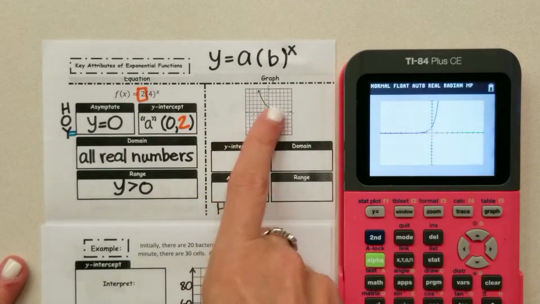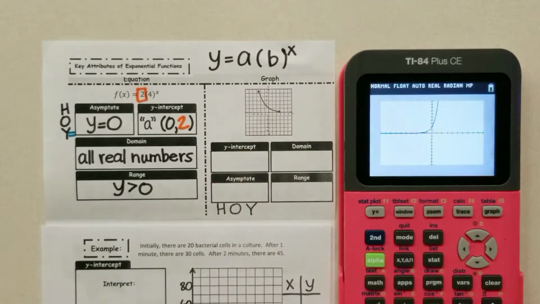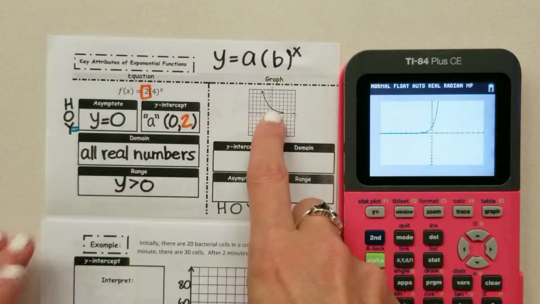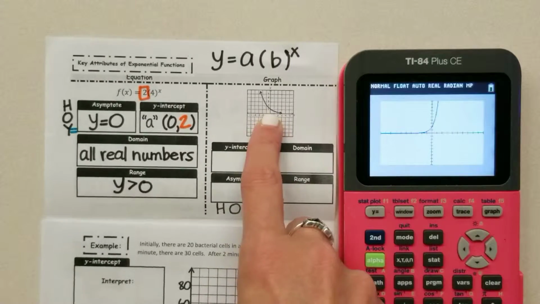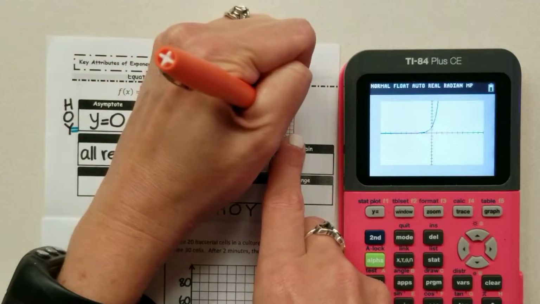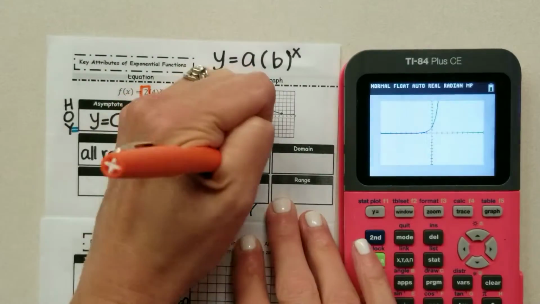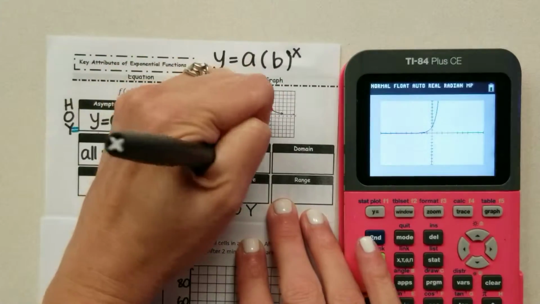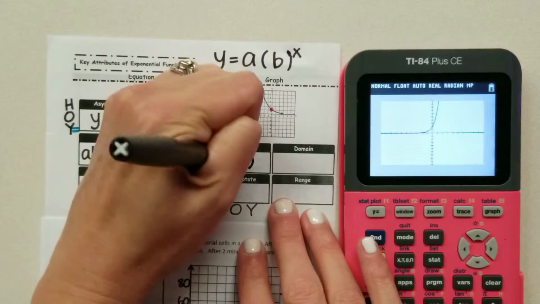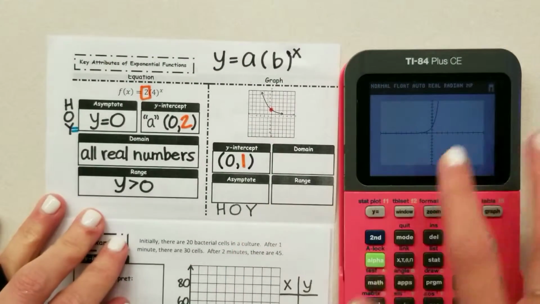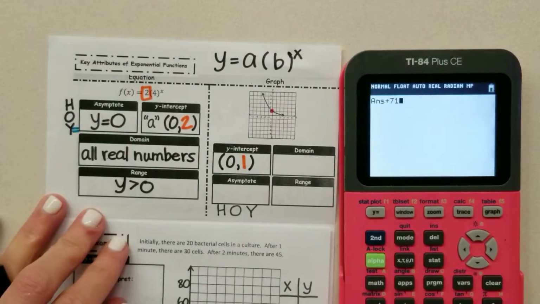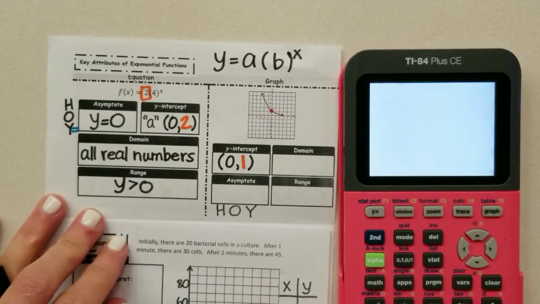All right, so let's look at our graph here. Again, I want to see the y-intercept. So you can see that this graph crosses the y-axis at 1. So the y-intercept is at the ordered pair (0, 1). And if I want to look at the asymptote, clear my calculator and set it to the side.